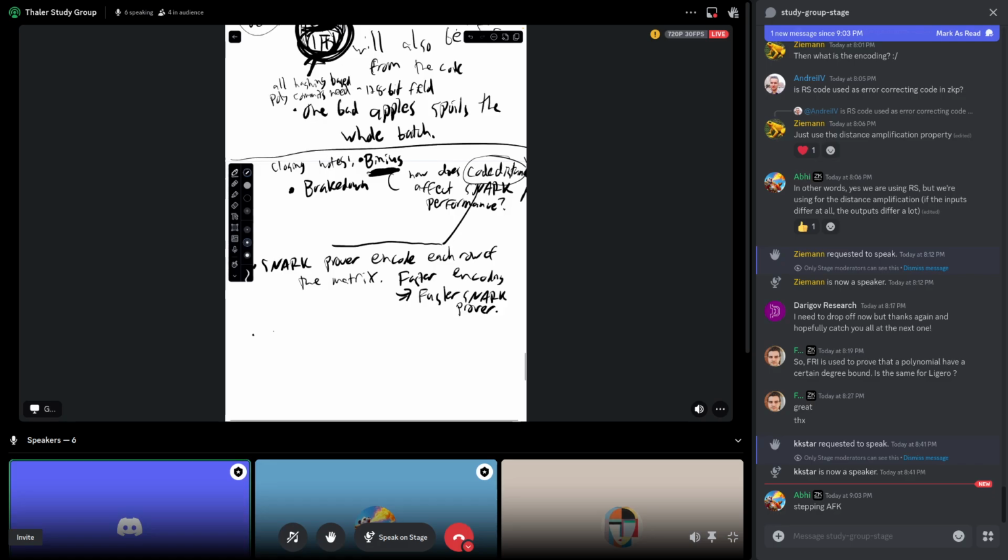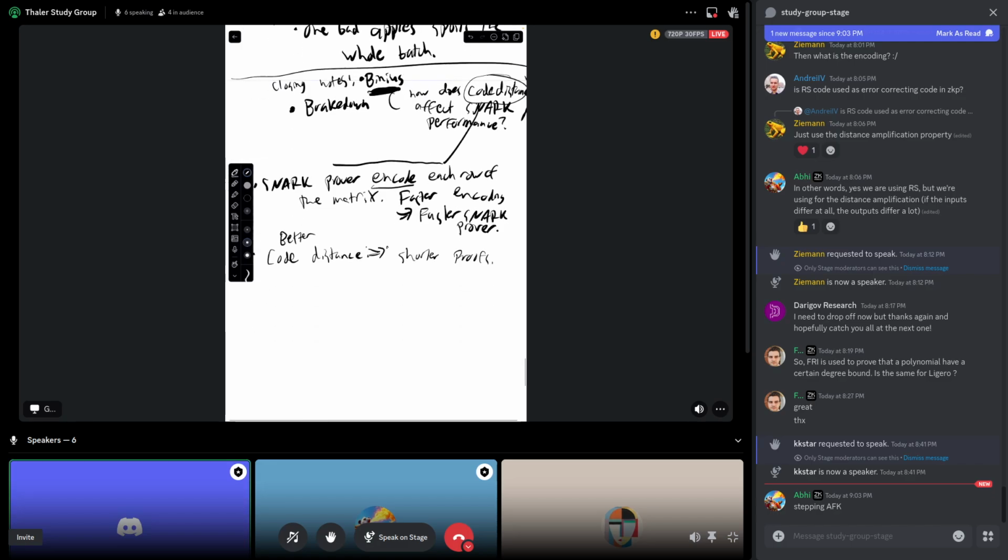Okay. Code distance. So encoding time matters; that is one way that properties of the code translate to SNARK performance. Code distance translates as follows. Better code distance means shorter proofs. Basically, the better the code distance, the fewer the columns you have to open, and hence the shorter the proofs.